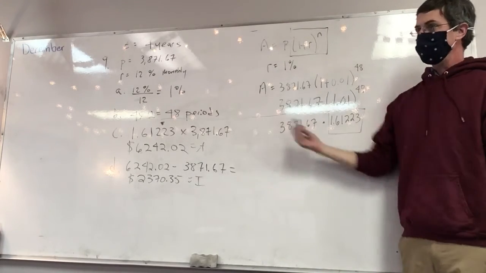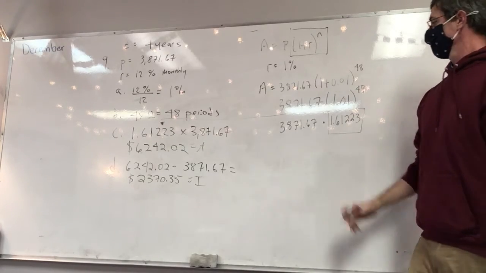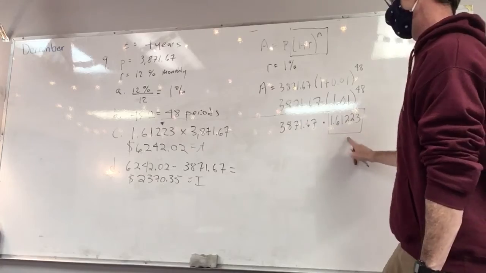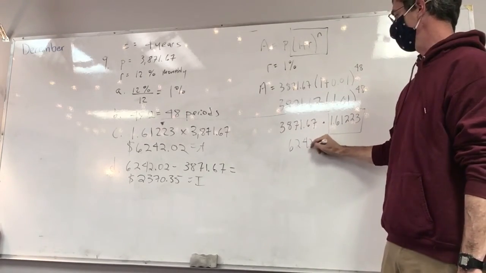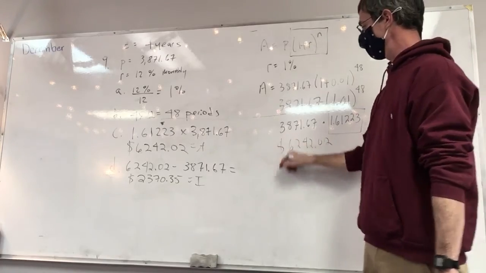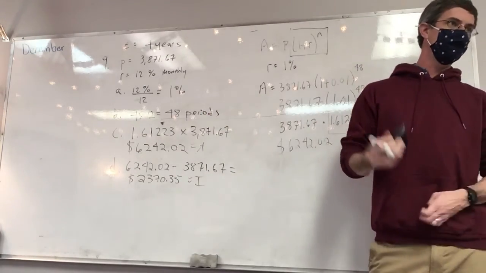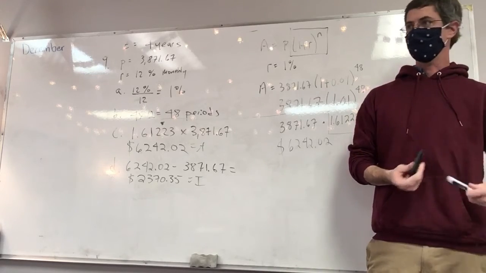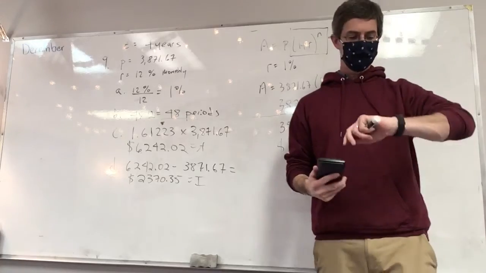So I can look it up, or I can do this calculation. So when I multiply this times this, I'm going to get 6,242.02. I just wanted you to see that the tables are really shortcuts for using this method, which can be helpful if you don't have a great calculator, like one that can do exponents. So that's kind of the deal.